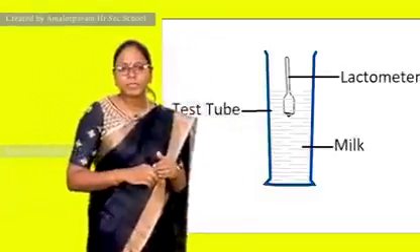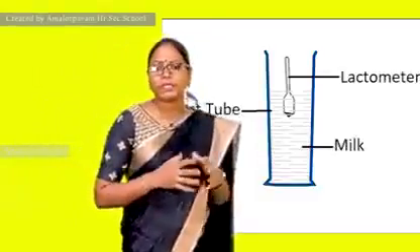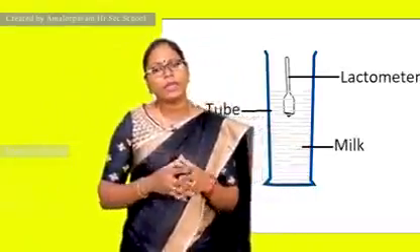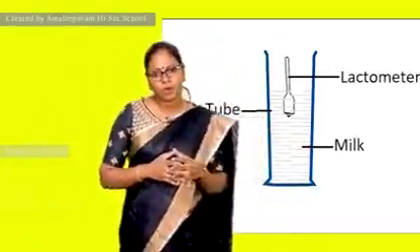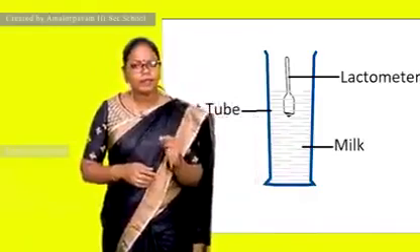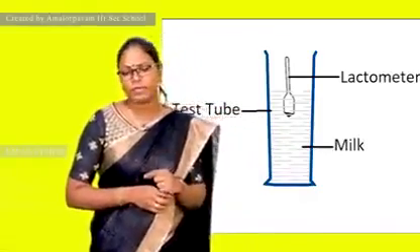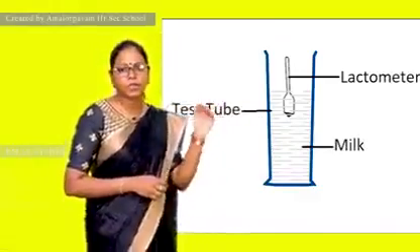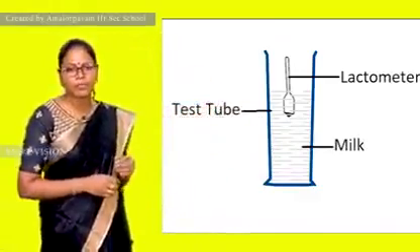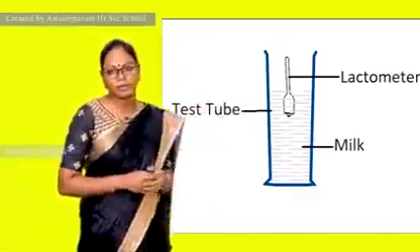An instrument to find out the water content in the milk or to test the richness of the milk is thus termed a lactometer. The lactometer works on the principle of specific gravity of milk.